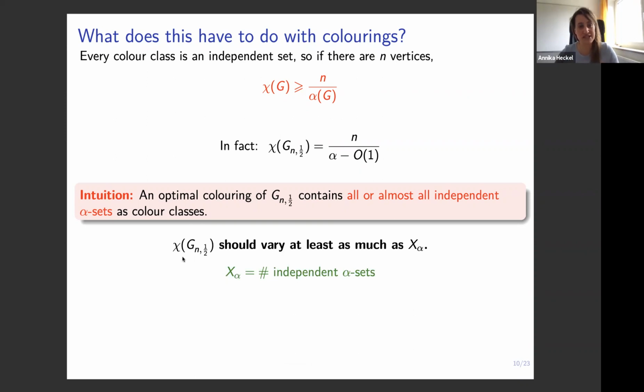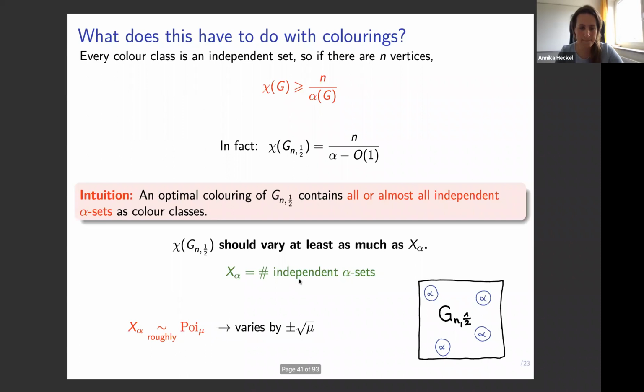And that kind of suggests that the chromatic number of G(n,1/2) should vary at least as much as the number of available sets of size alpha, which I'm going to call X_alpha. So X_alpha is the number of independent sets of maximum size. And we don't only know what the independence number is almost exactly, we also know what the distribution of the number of maximum independent sets is.